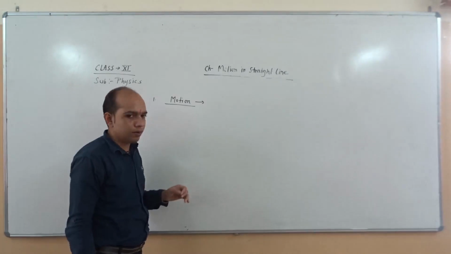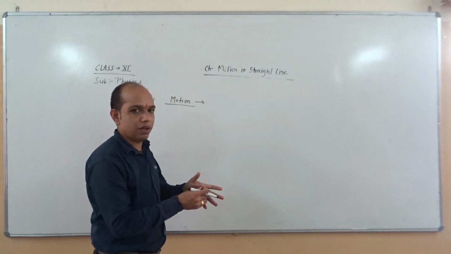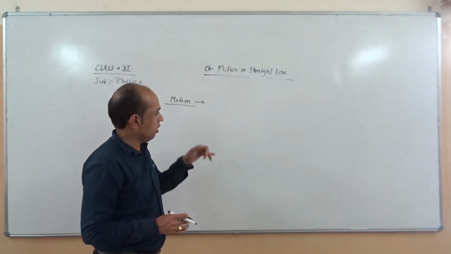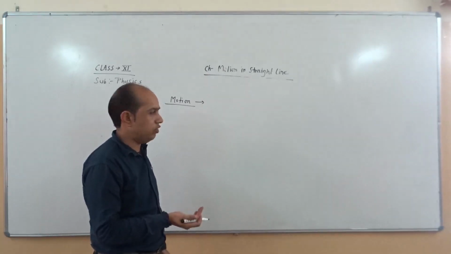For example, if a person is moving on a road, what we see in this situation is that time is increased, and with respect to time, the position of the person is also changed.